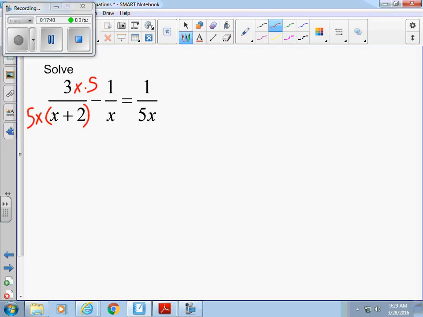So the x needs an x plus 2 and a 5. Why not an x? Because it already has an x. And a 5. That's a great question. What should that be on top?